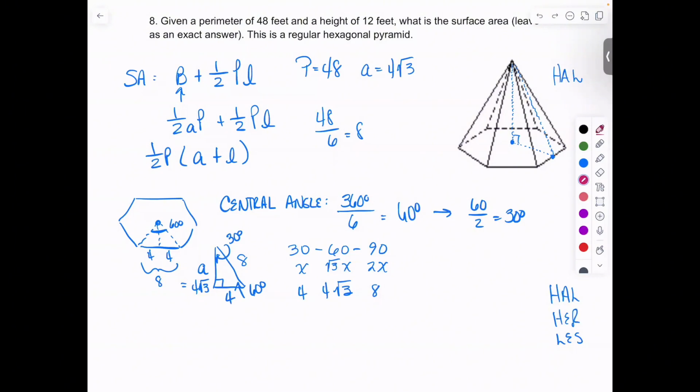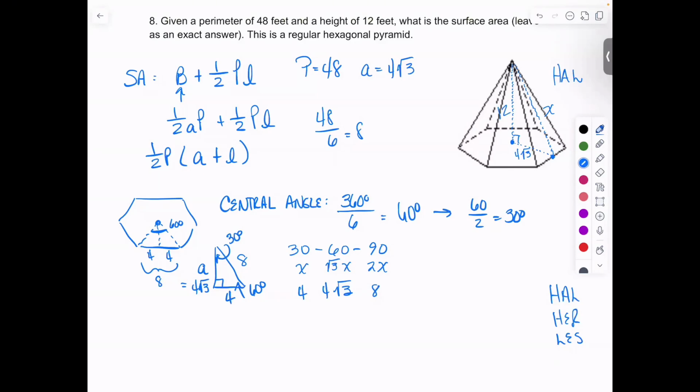So we need to find our lateral height. That's our question mark, right? We'll just call this maybe X. We know the apothem is 4√3, and we know our height is 12, the height of the pyramid.